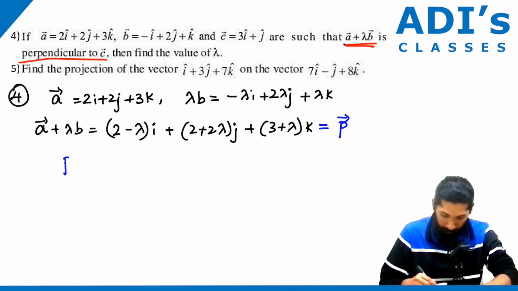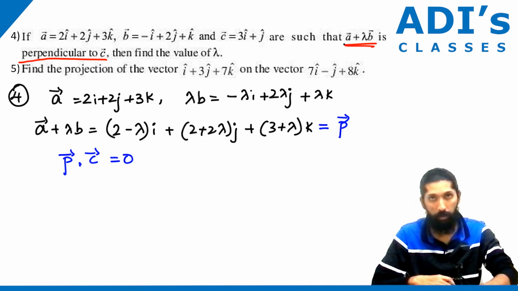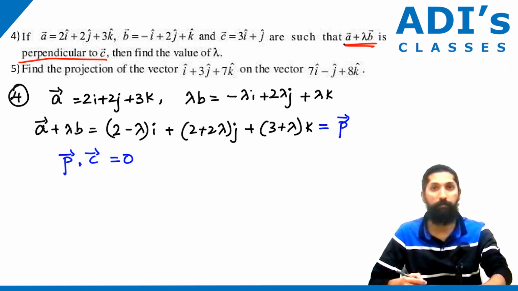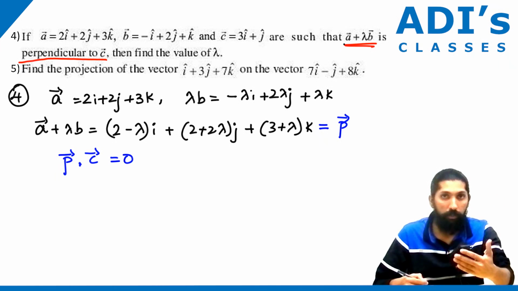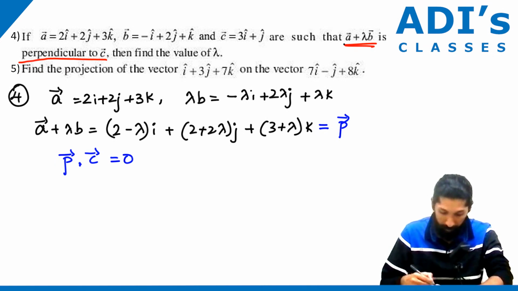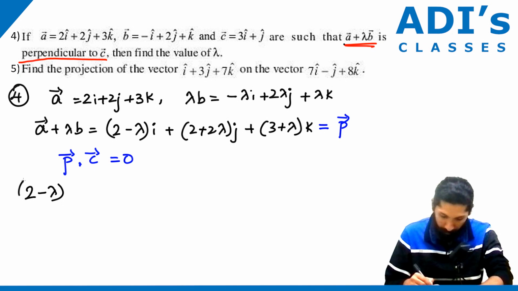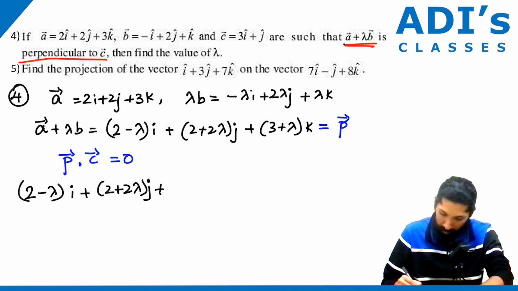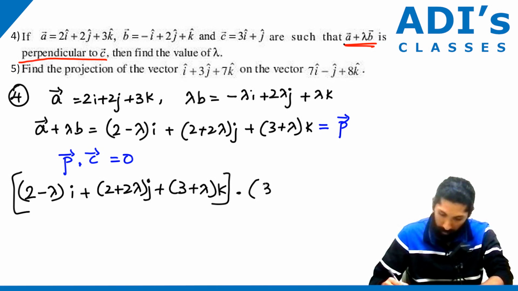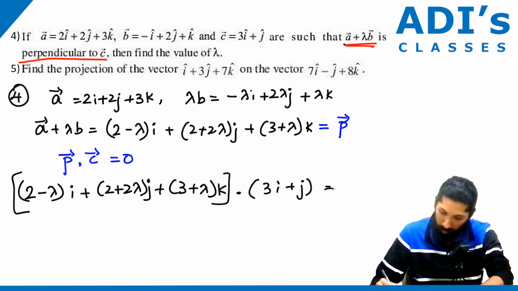Now what is given? Vector p dot vector c is equal to 0 because they're perpendicular. So the dot product has to be 0. Let's apply the dot product formula. 2 minus lambda into i, 2 plus 2 lambda into j plus 3 plus lambda into k, dot c, which is 3i plus j, is equal to 0.